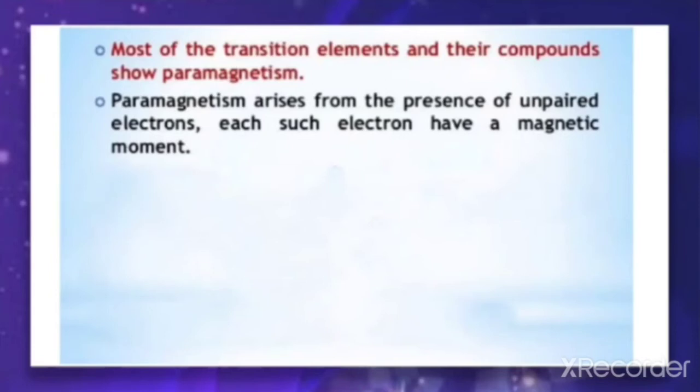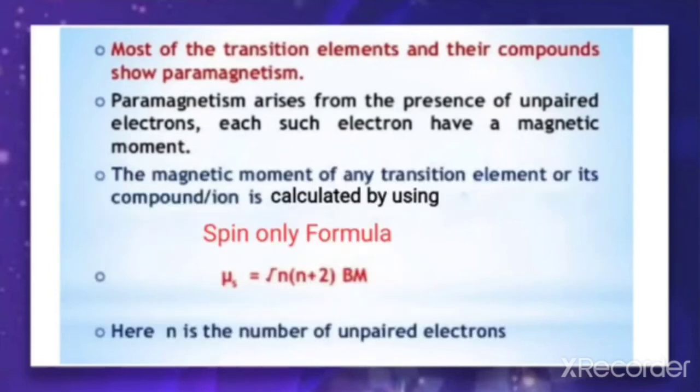The magnetic moment can be calculated for a transition element by using a formula called the spin only formula. That formula is mu s is equal to the square root of n into n plus 2, and the unit is BM for magnetic moment.